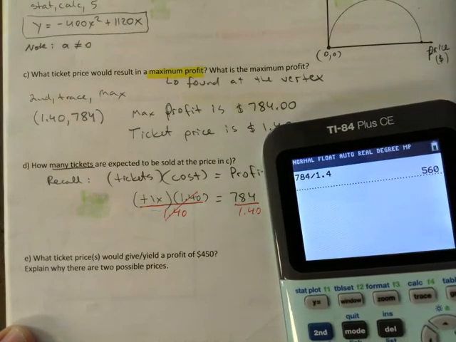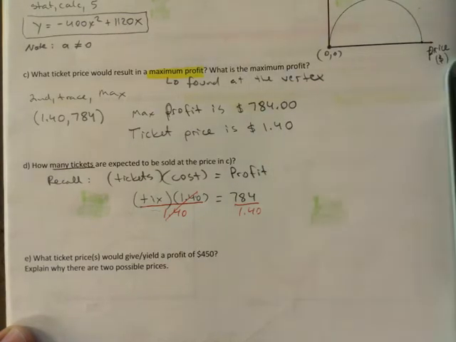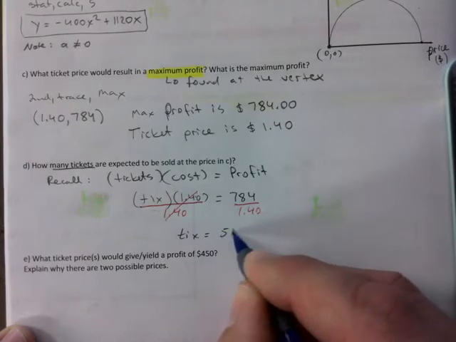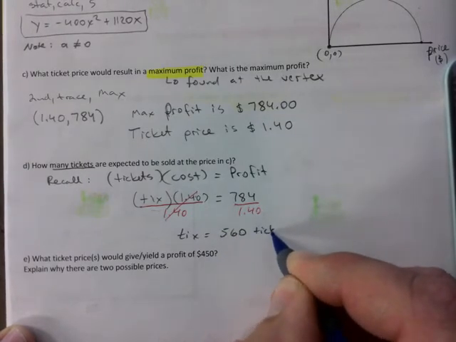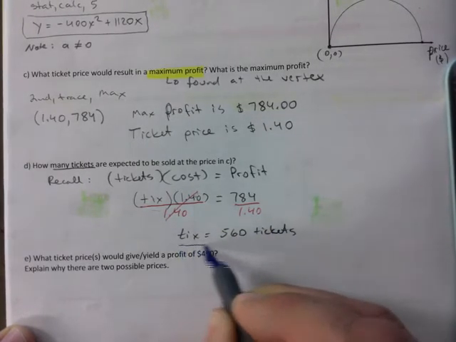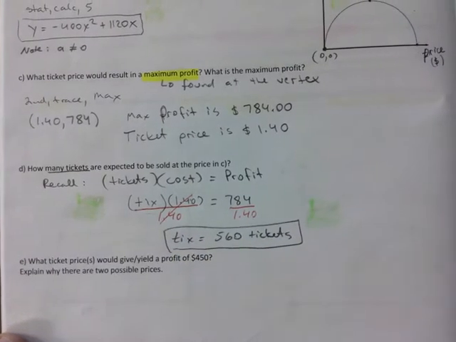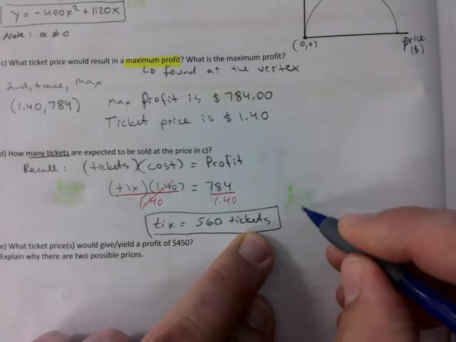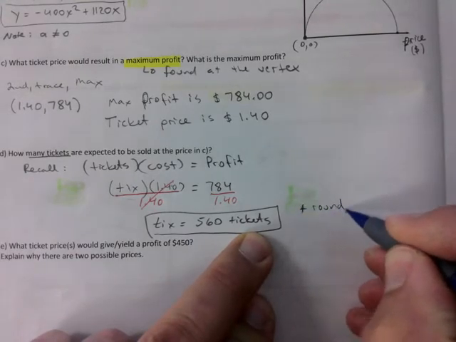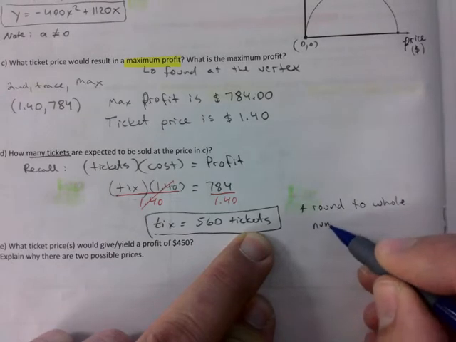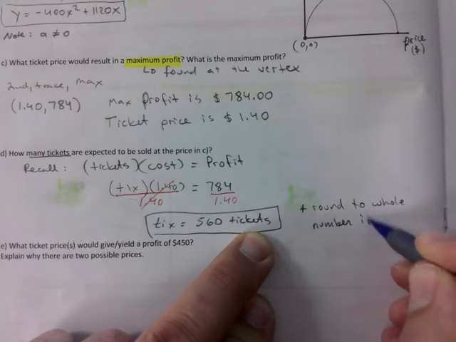It will not always be a round number. It's 560. I will add here, round to whole number if necessary.